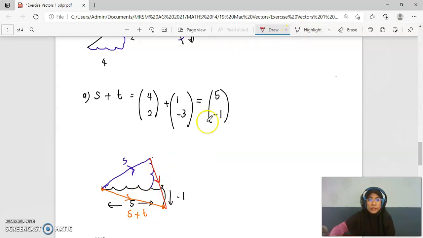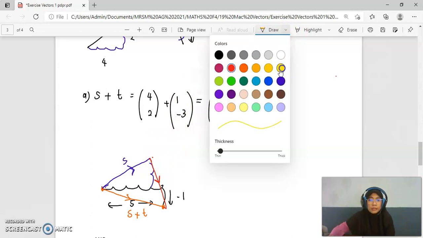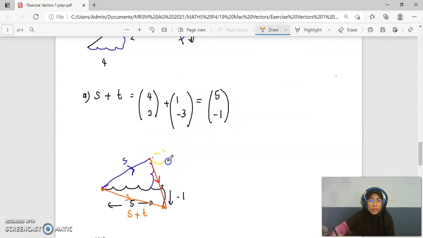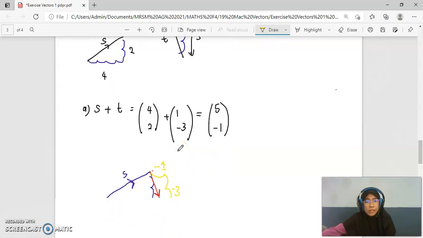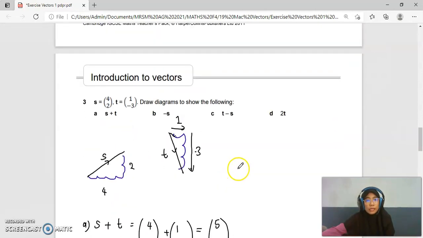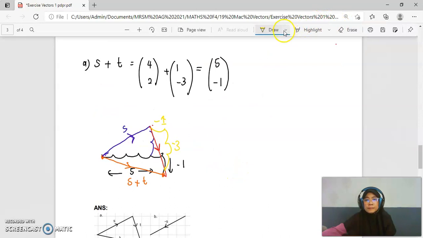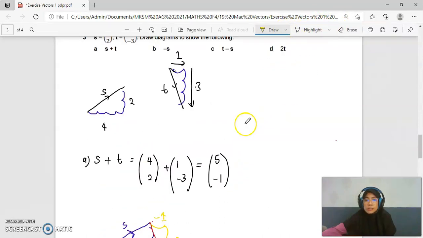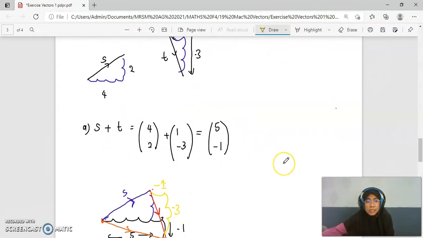Negative 1, sorry, positive 1, and then 1, 2, 3 downwards. Okay, so that is how we draw s plus t.